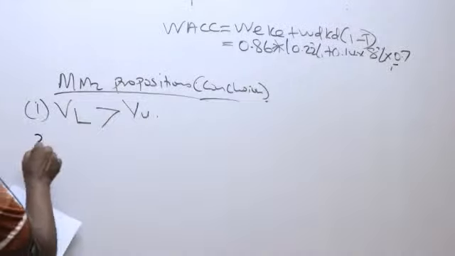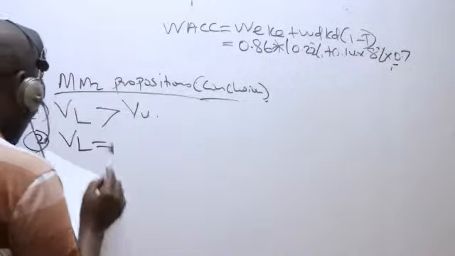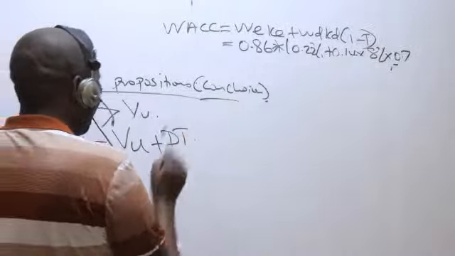Number two, the value of a levered firm will always be equal to value of an unlevered firm plus DT.